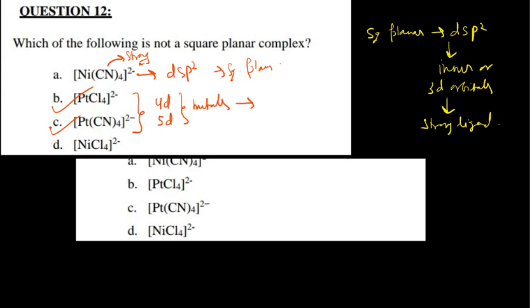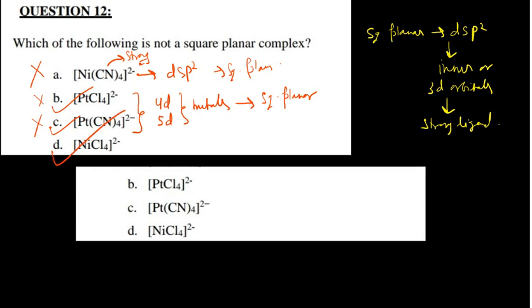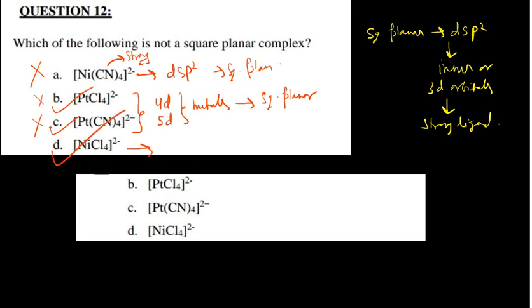They actually form square planar complexes, because due to the bigger size of the 4d and 5d metals, they stabilize the square planar structure better than the tetrahedral structure. So these two cannot be your answer. The only option left is this one, and this problem I have already solved.